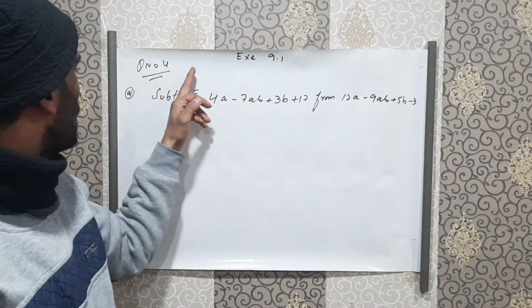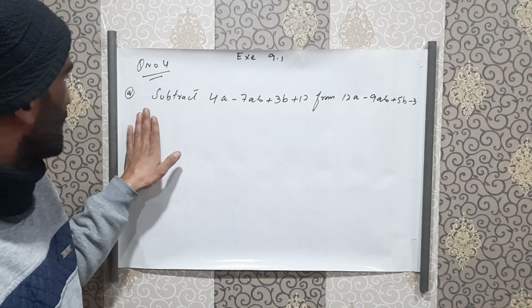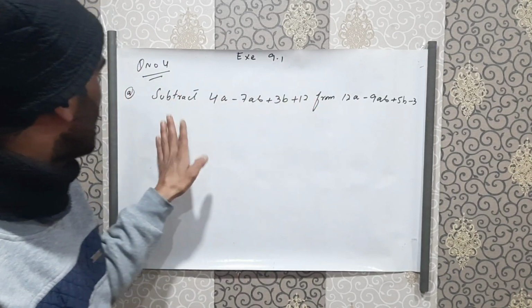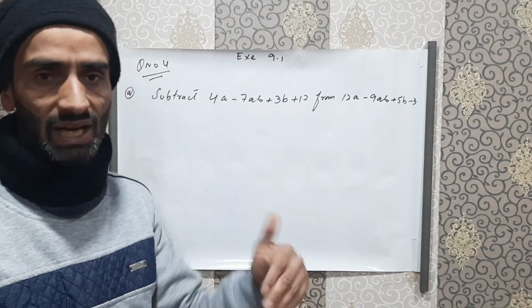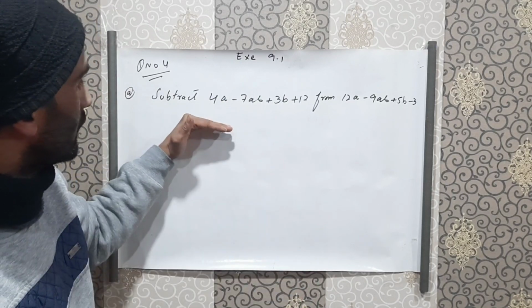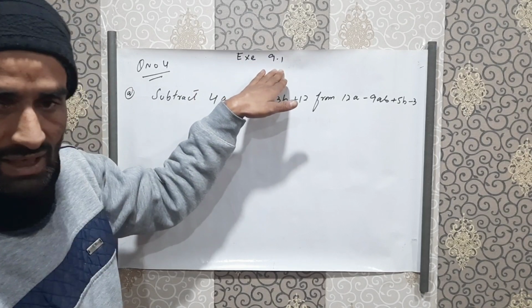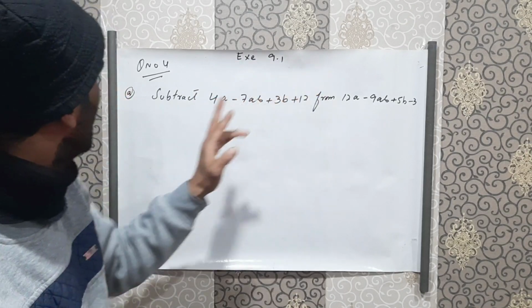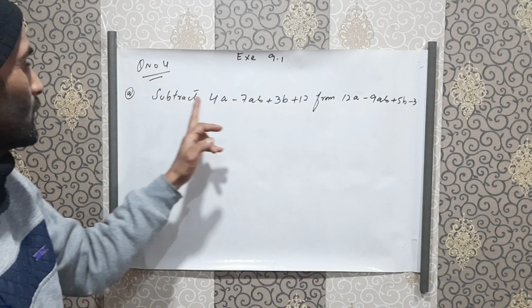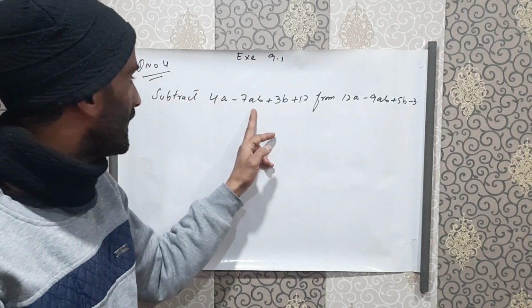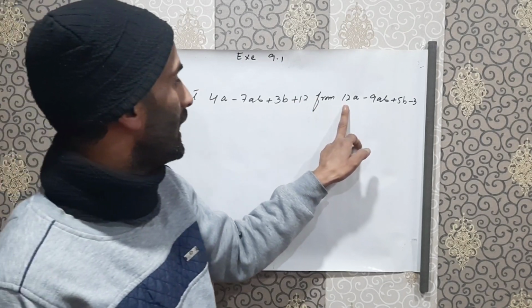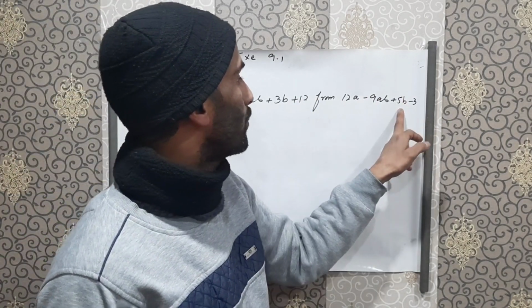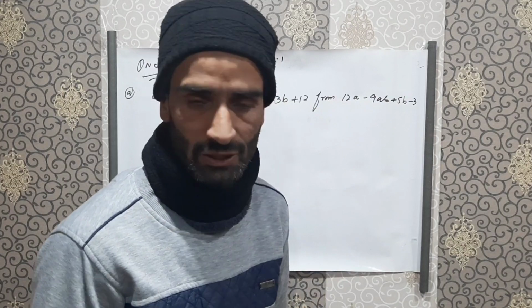Now question number 4, part first, exercise 9.1. Subtract. We already learned how to add and how to subtract in the previous lecture. Today we are doing exercise 9.1. Part A is subtract 4A minus 7AB plus 3B plus 12 from 12A minus 9AB plus 5B minus 3.